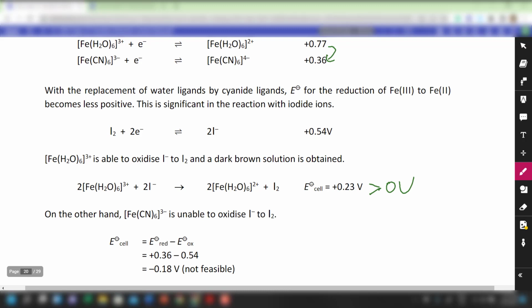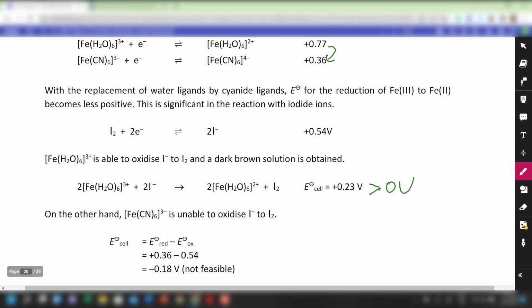However, if we are going to use the one with cyanide as the ligand, we will get a negative E cell. So that means that the reaction is not feasible. Yeah, so from here, you can tell that changing the ligand from water to cyanide is able to affect the reactivity of the iron 3 towards a reducing agent such as iodide.